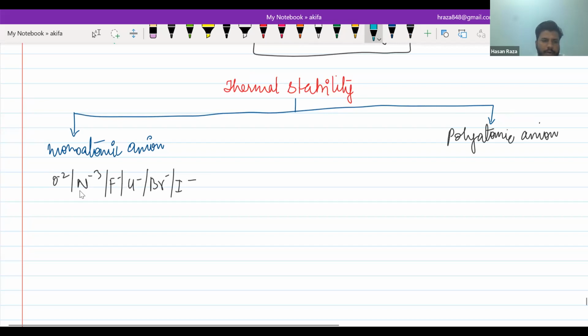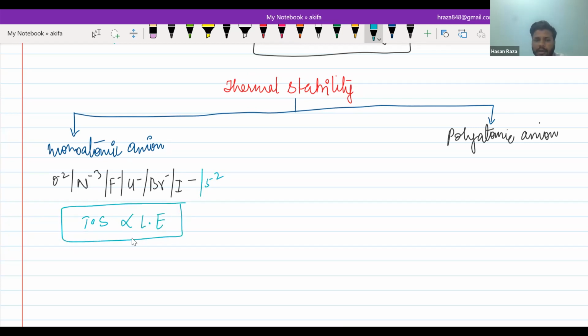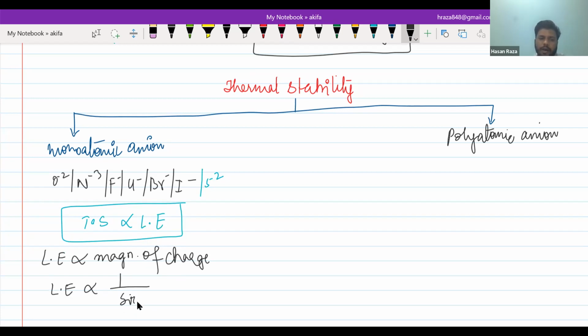Now whenever there is a monoatomic anion, thermal stability is compared with lattice energy. The more lattice energy, the more thermal stability. And you know that lattice enthalpy is directly proportional to the magnitude of charge and inversely proportional to the size of ions.